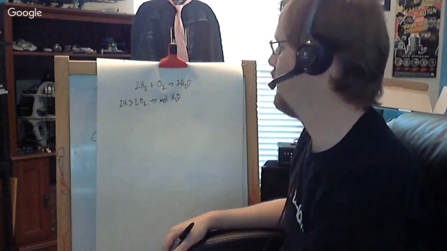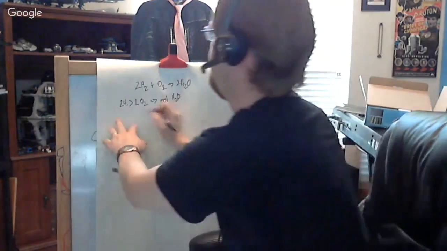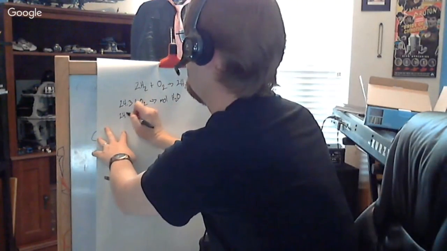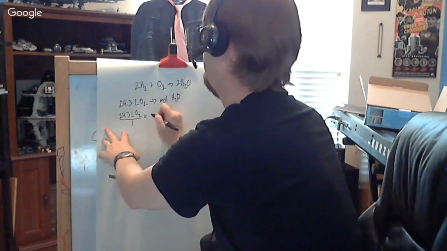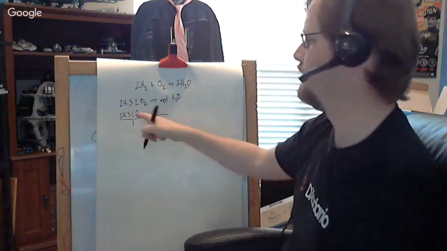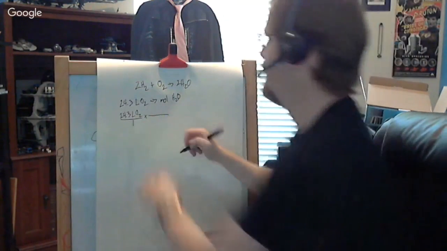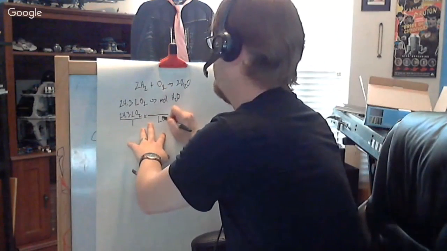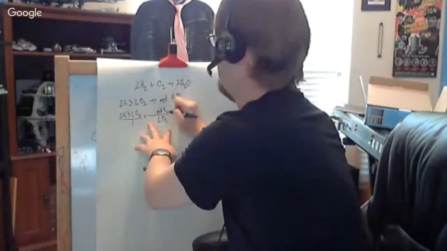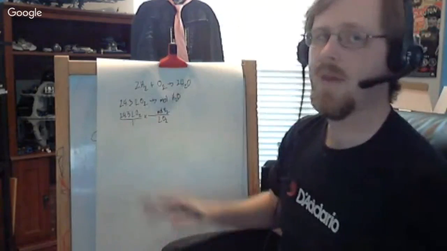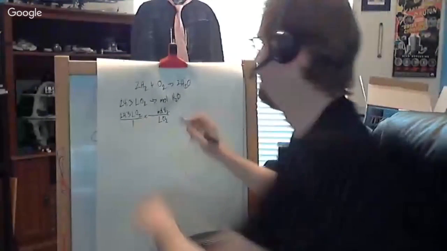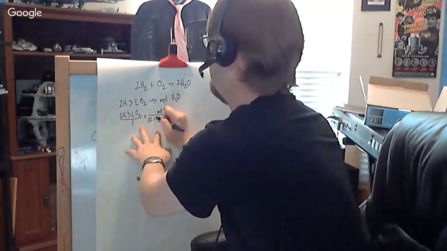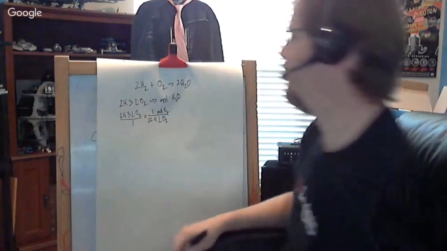So I'm going to take my given, 24.3 liters of O2 over 1 times, now since liters of O2 is on top, that means liters of O2 is going to go on the bottom with moles of O2 on top. And this is where we use that conversion factor, 22.4 liters per 1 mole.